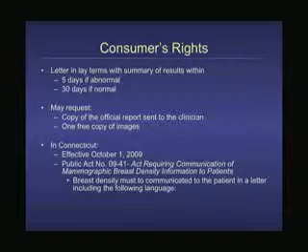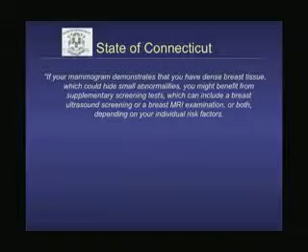And if you're a resident in the state of Connecticut, this is very interesting, effective October 1, 2009, they passed an act requiring that letter to also state your breast density and tell you whether or not you were dense. And you had to include language that said if your mammogram demonstrates that you have dense breasts, which could hide small abnormalities, you might benefit from a supplementary test, which can include a breast ultrasound or breast MRI or both, depending on your risk factors.